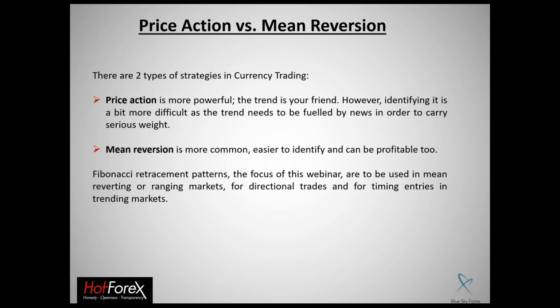Now, in terms of Fibonacci retracement patterns, the focus will be on somewhat trending markets, how to use these Fibonacci patterns on a trending market. The approach for Fibonacci retracement trading will be provided on a trending market. However, this tool can successfully be used in a ranging market as well.